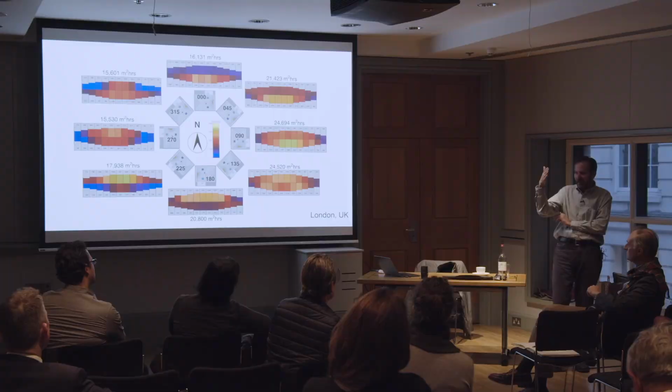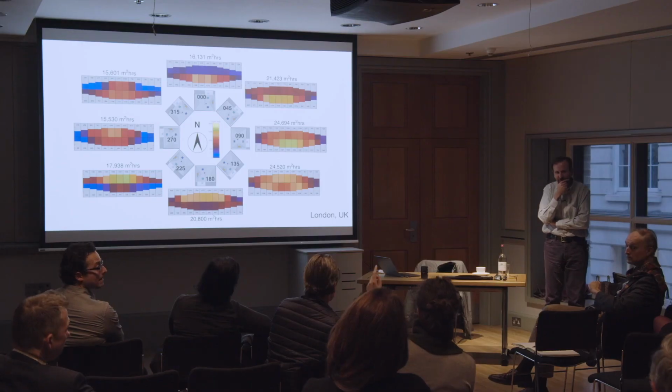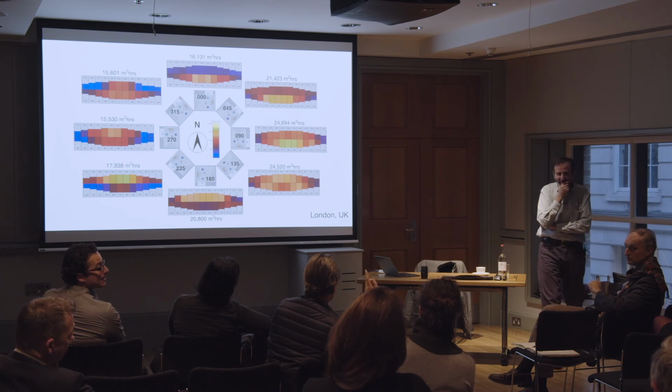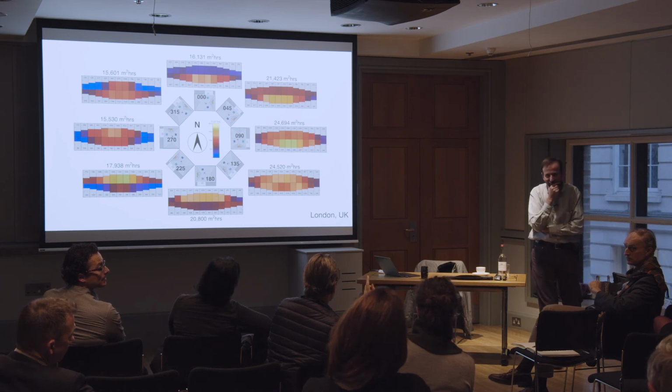Whereas when each square meter gets 1,000, you just edit out the unit: each square meter gets 1,000 from the sky, 1,000 from the ground, then you have obstructions and so forth.